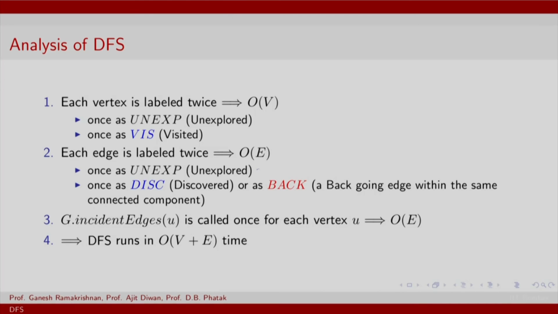Each edge is also labeled twice, the first time to mark it as unexplored, the other to either mark it as a discovered edge or as a back edge. So this gives you basically order of V plus E complexity. G dot incident edges is called once for each vertex U over all the incident edges, so that also gives you order E. So overall V plus E.